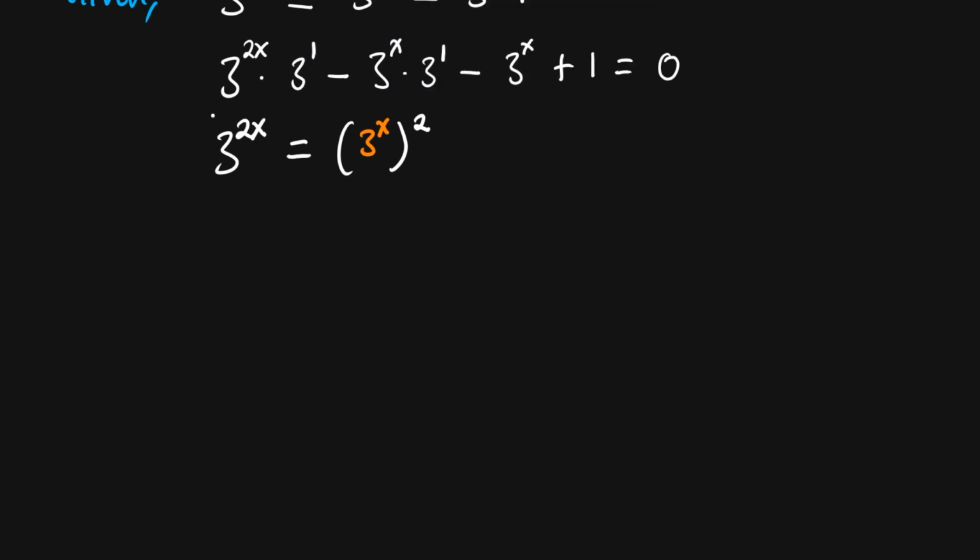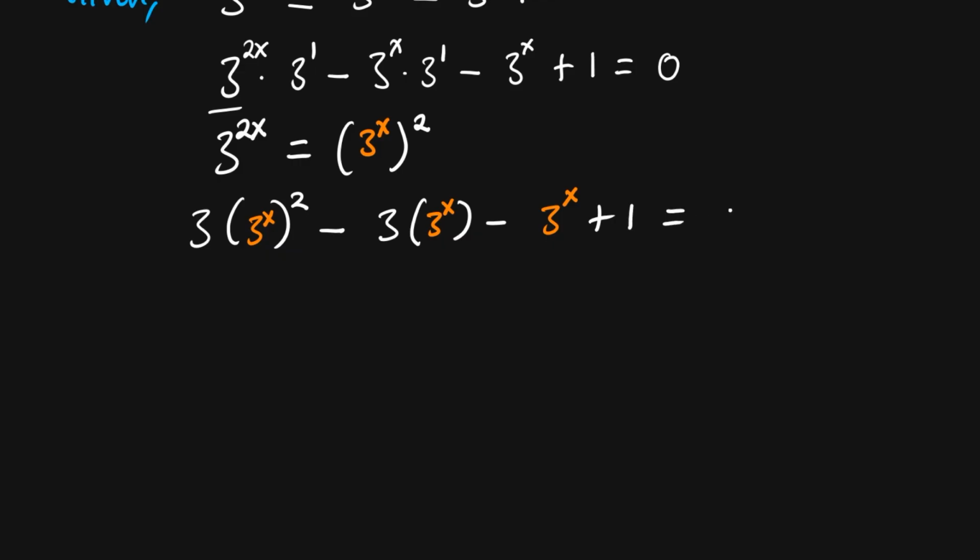This implies that the equation will become 3 into (3^x) squared minus 3 into 3^x minus 3^x plus 1 equals 0.